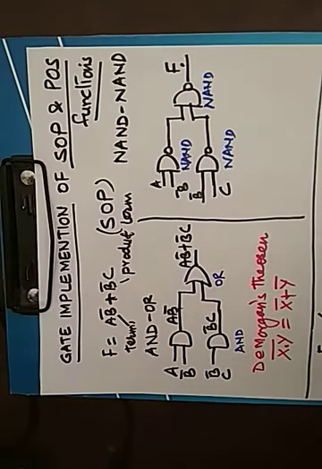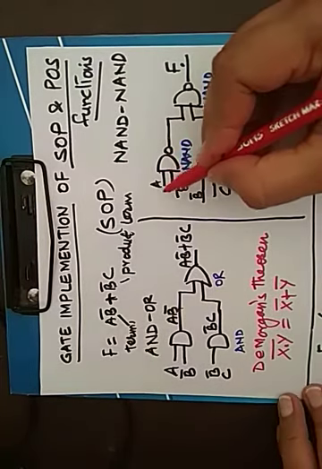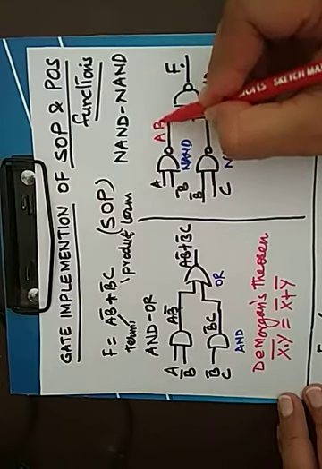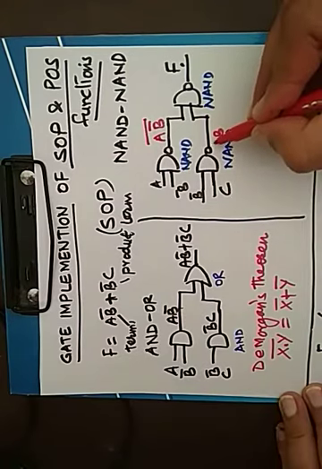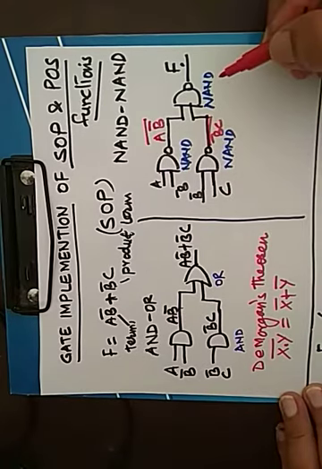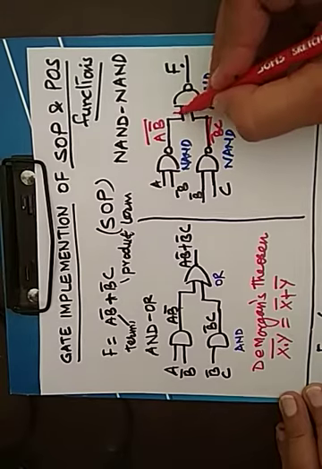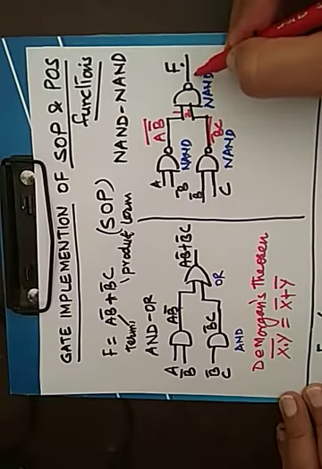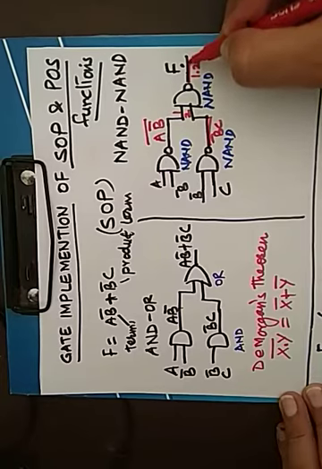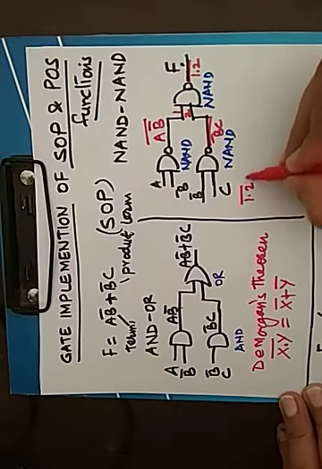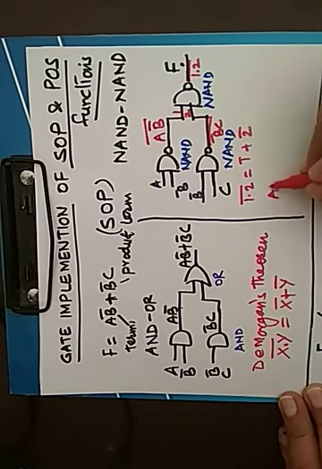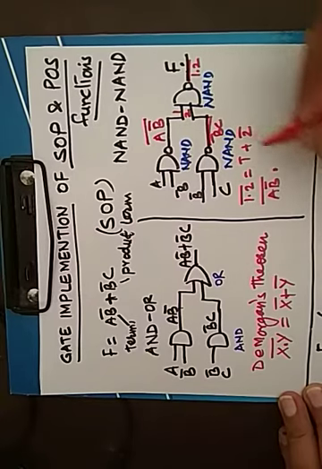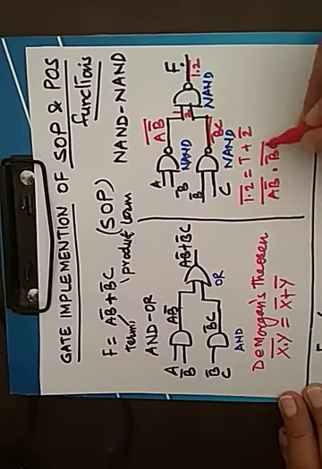Seeing the proof of this circuit, this is the first gate, A, B bar. It gives you the term A, B bar, whole bar. This is B bar C, so this gives you B bar C, whole bar. If you call this 1 and this 2, here you get the function 1 dot 2 whole bar. 1 dot 2 whole bar can be written as 1 bar plus 2 bar, where 1 is A, B bar whole bar, and 2 is B bar C whole bar.